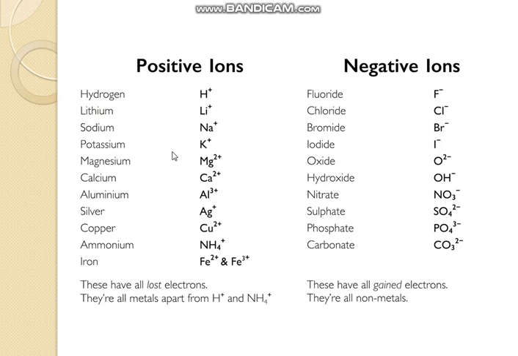Then potassium K+, like that. Negative ions, that is anions: fluoride F-, chloride Cl-, bromide Br-, with negative charge. These are positive ions and negative ions, cations and anions.